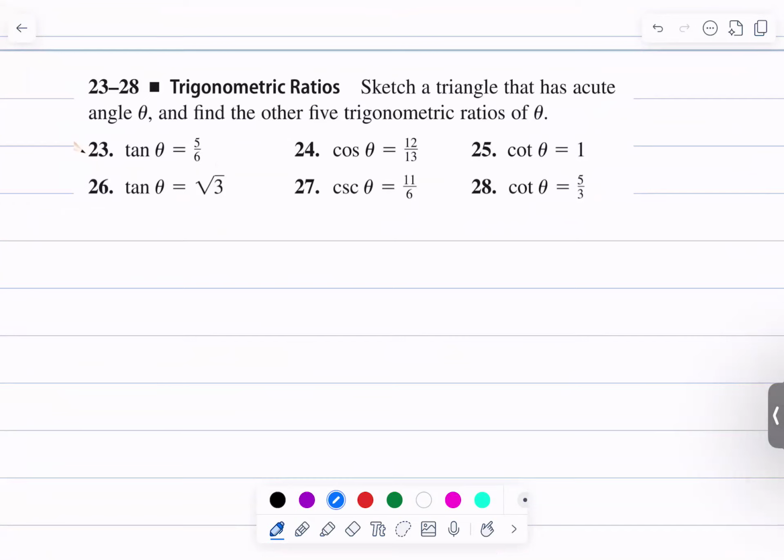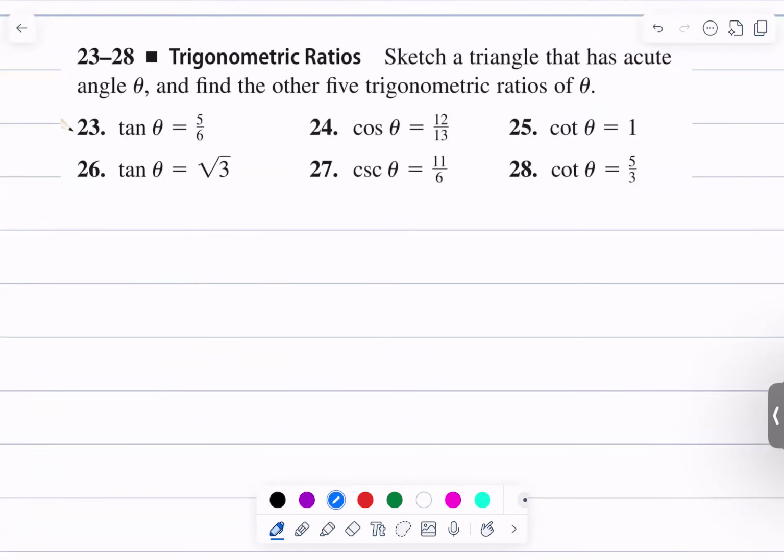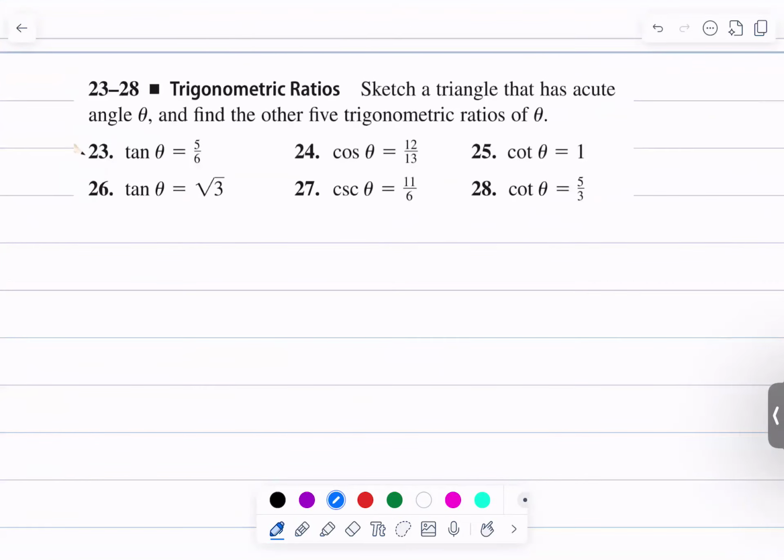I'm just going to do a couple of these. Let's do actually just one of each. Let's do 26. So number 26, we have to sketch a triangle that has the acute angle theta and find the other 5 trig ratios.